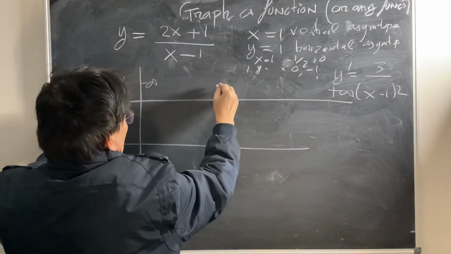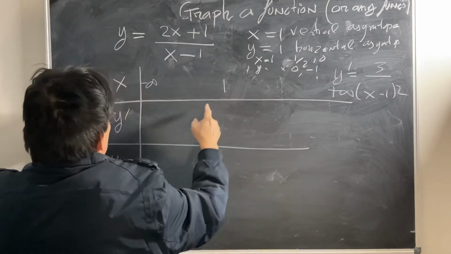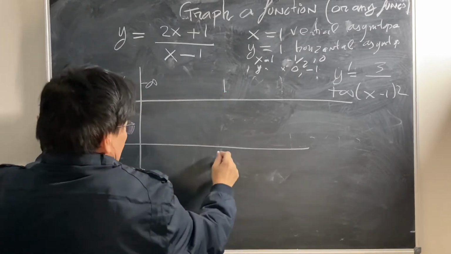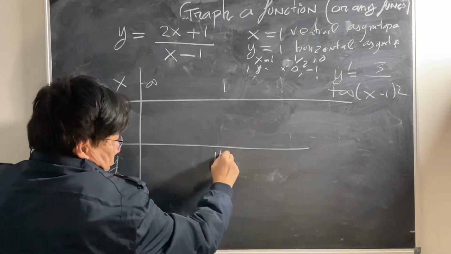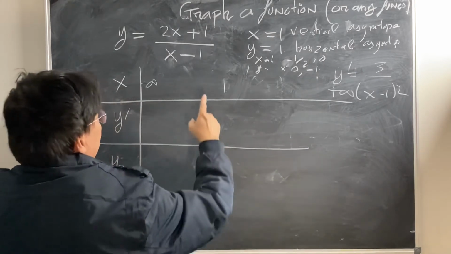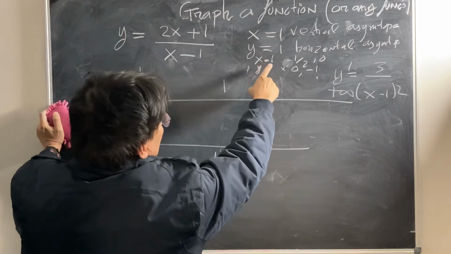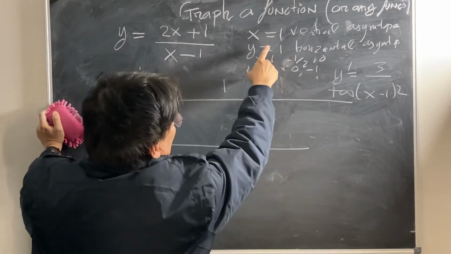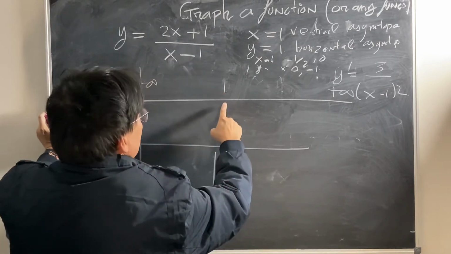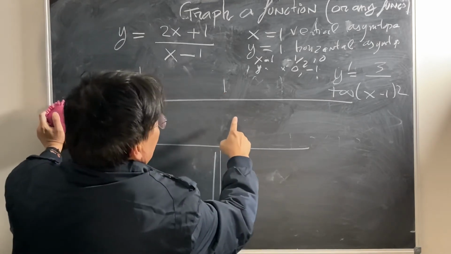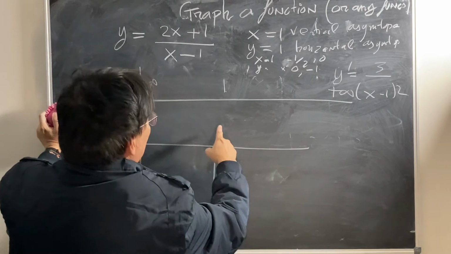When x equals 1, y is undefined. So when the function is defined, use this notation, two parallel lines. And when x equals 1, this is a vertical asymptote, and y equals 1.